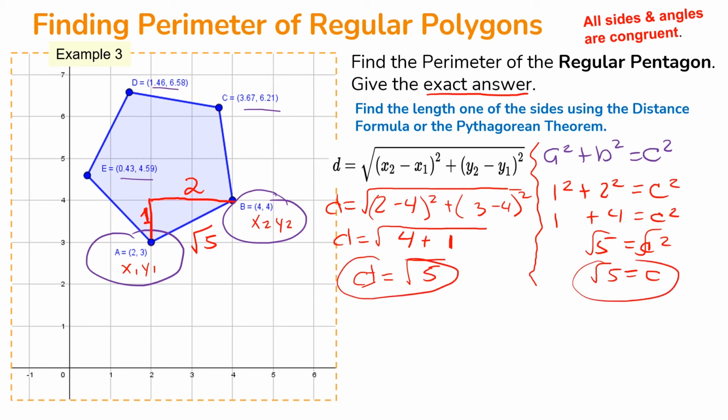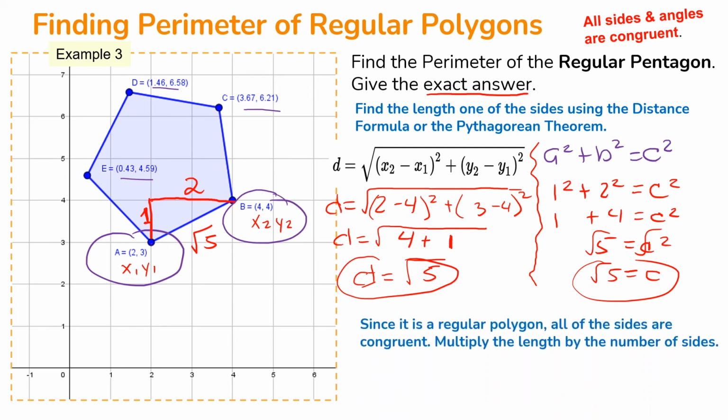All right. And so now, since I know that one side is the square root of 5, I could simply add all of the sides together because they are all congruent, or multiply by the length. So the square root of 5 plus the square root of 5 plus the square root of 5. Instead of doing that, I'm just going to multiply by 5.